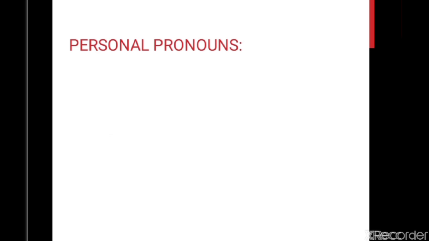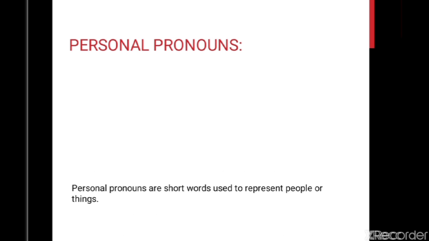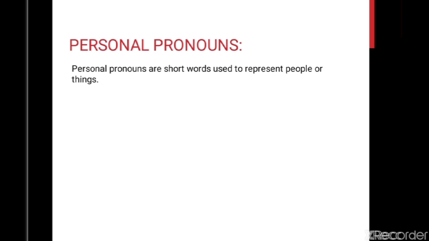So now personal pronouns. All of you know that pronoun is a part of speech, and what do you mean by pronoun? The word which we use instead of a noun is called a pronoun. So personal pronouns are short words used to represent people or things. They are in singular and plural forms. In singular, I, and in plural, we.